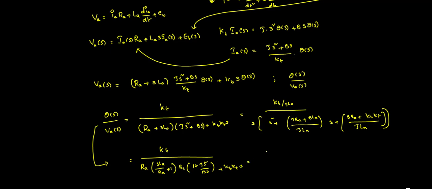That can be written as, now Ta is LA by RA and Tm is J by B. So that is also generally how people write it, that is KT divided by RA into B, because if you take s common, 1 plus s Ta, Ta is LA by RA, 1 plus S Tm, Tm is J by B, plus KB KT divided by RA into B. So there are so many ways people write this particular transfer function.